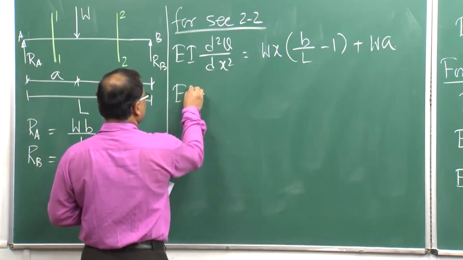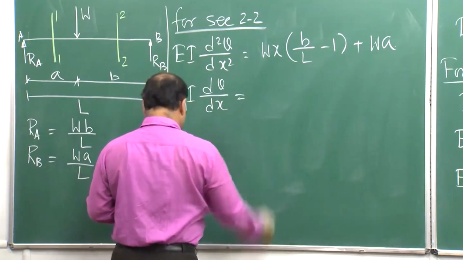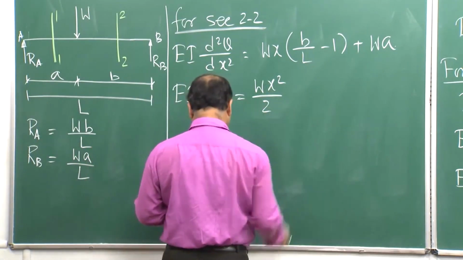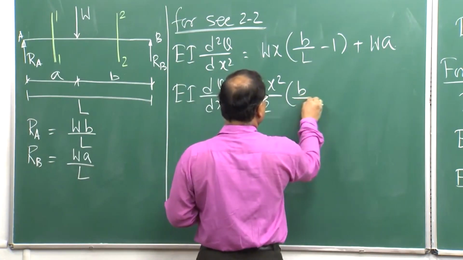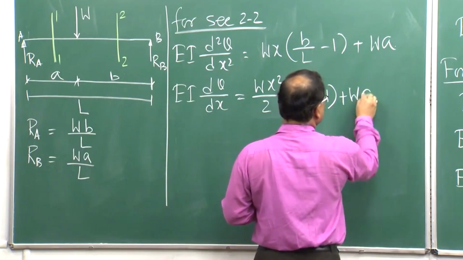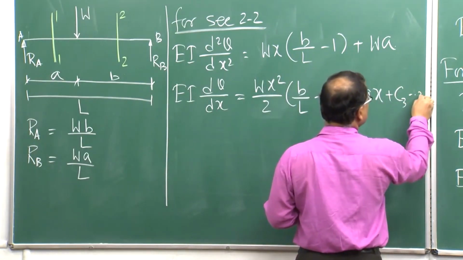Now I integrate once, that will give me W x square by 2 times b by L minus 1 plus W a x plus C3, say equation 3.